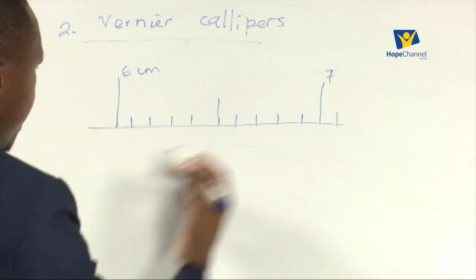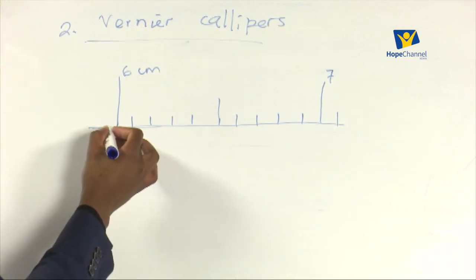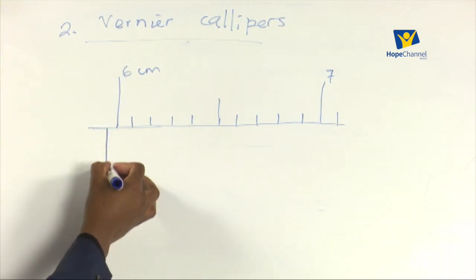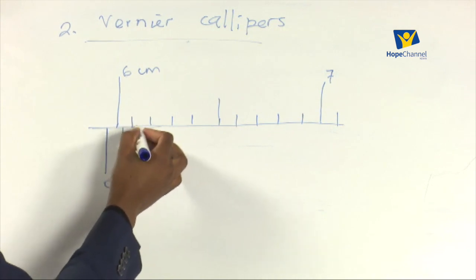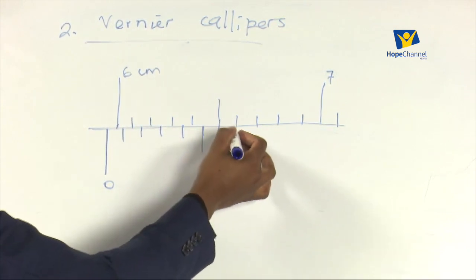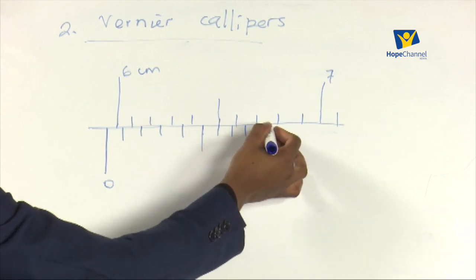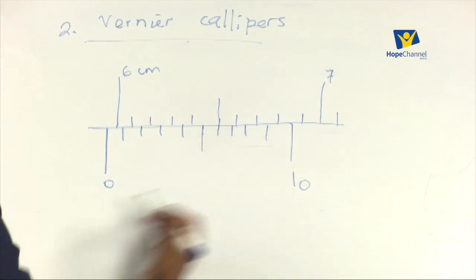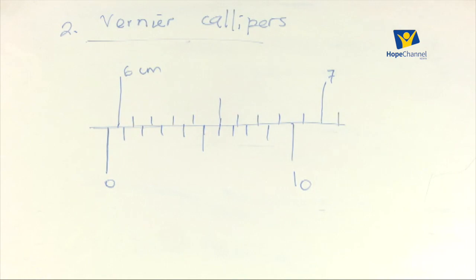Let me have that point here of the 0. So I have 1, 2, 3, 4, 5, 6, 7, 8, 9, 10 there. So the task is that we obtain the reading that is displayed by that scale.